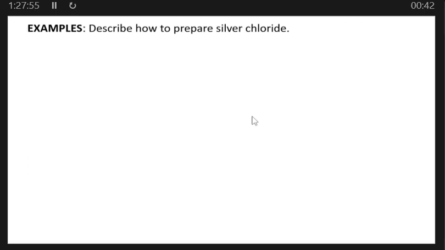Those are the ones that are insoluble: silver chloride, lead chloride. And definitely here we are told describe how to prepare silver chloride. Definitely silver chloride is among the sour chlor, so it is insoluble. Silver chloride is an insoluble salt.